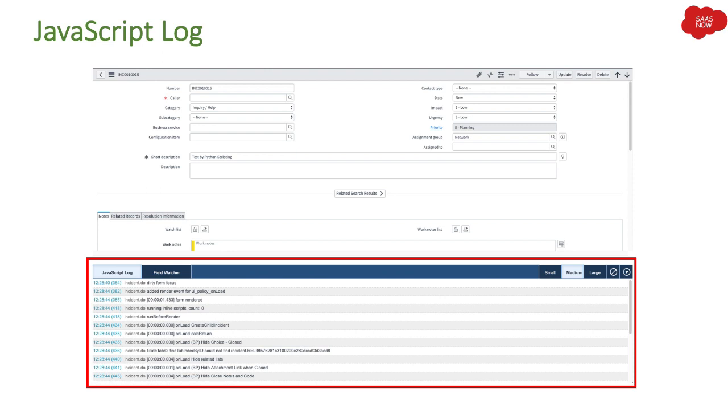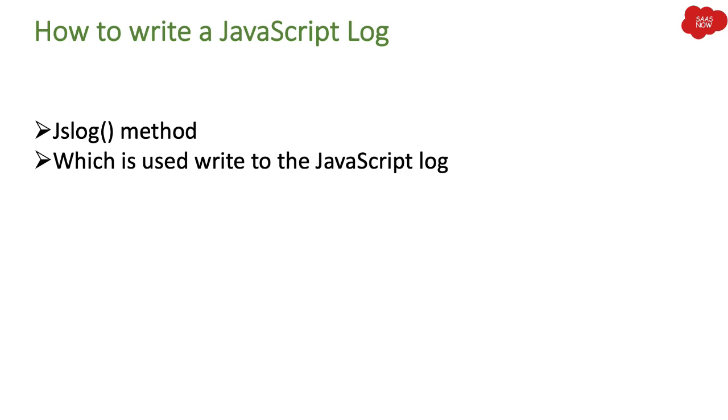In that case, you can use the JavaScript method provided by ServiceNow, and that is jslog. If I go to my next slide, this is how to write a JavaScript log, how you can show that log in ServiceNow for a client script, and that is jslog. So jslog is a method you can utilize to write the JavaScript log and check whether your script is running or not.